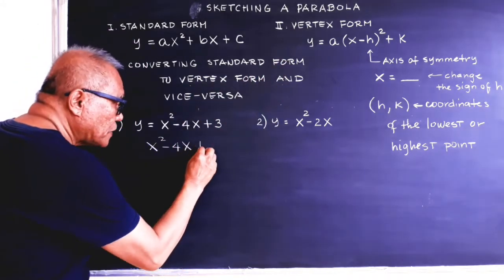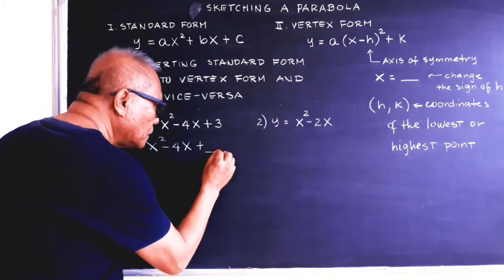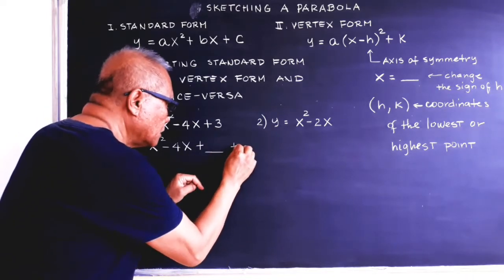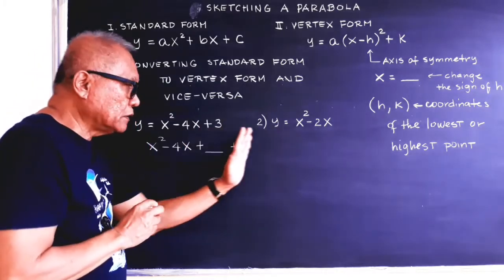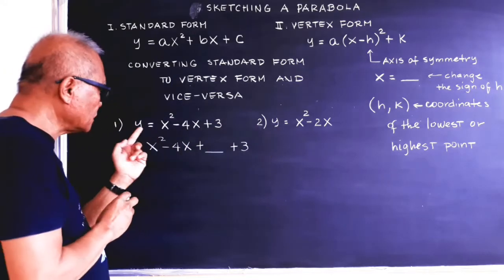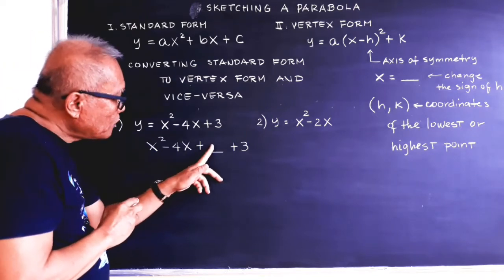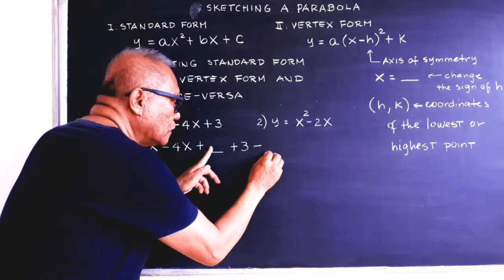So we are going to add something here, a number. I'm going to put positive 3 here. But there is no 0 there, because there is a y here. Whatever number I'm going to add here, I'm going to subtract that one here also.